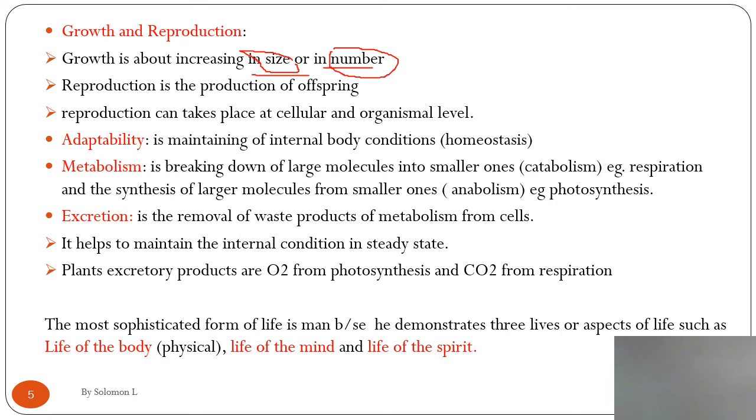Reproduction is about production of offspring. Reproduction can be sexual or asexual, but the ultimate goal is production of offspring. So we can say that reproduction can take place at cellular and organism level.